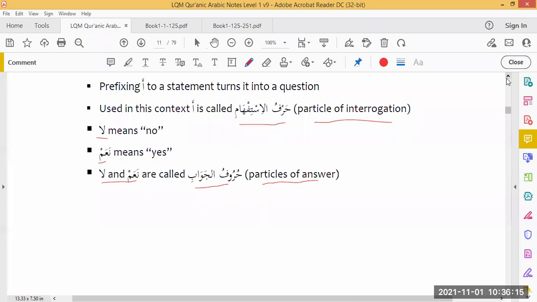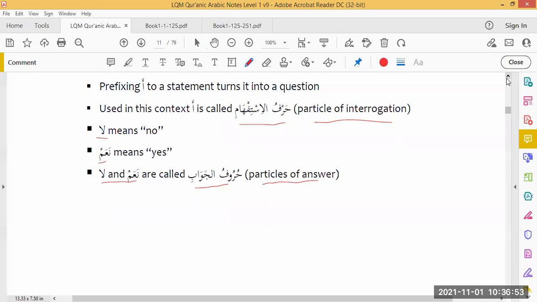Ma haza. You don't have any idea about the thing, so you will say, ma haza, what is this? And if I want to say that is a house, not this is a house, I will say that is a house. Then you can say zalika, zalika. Okay. Thank you. Jazakallah. You're welcome.